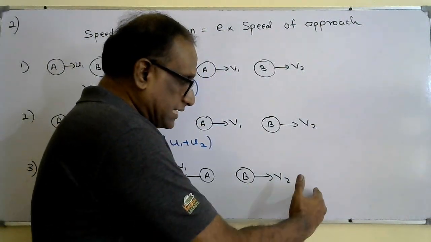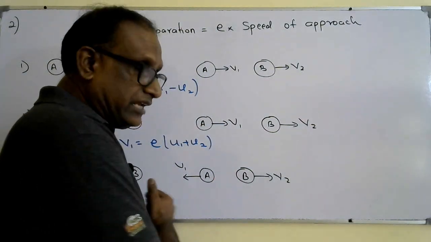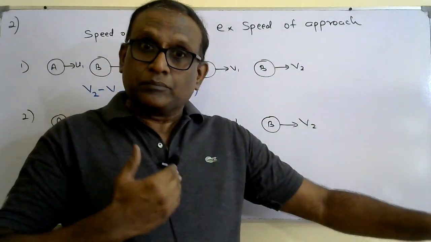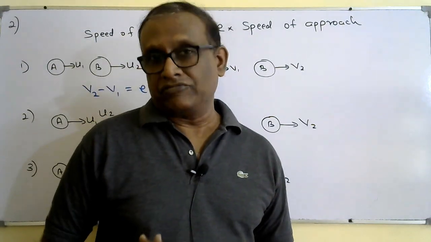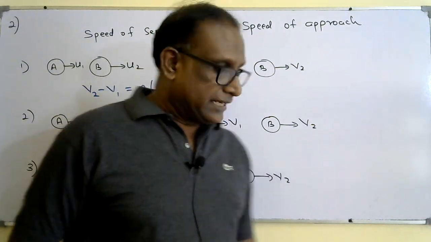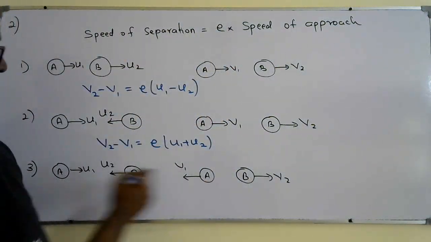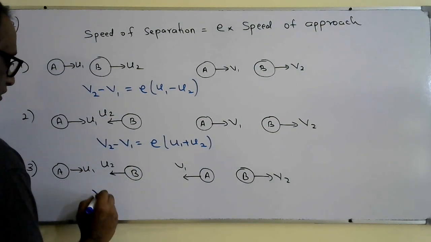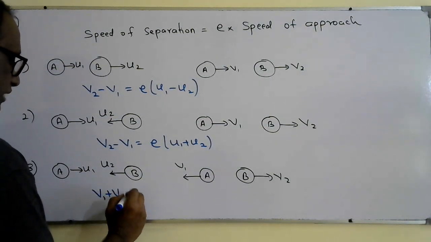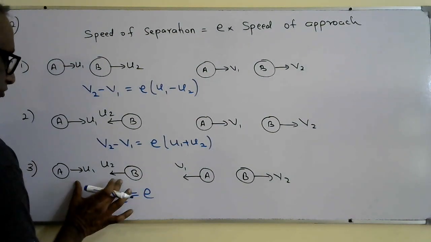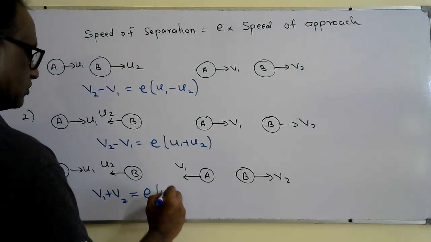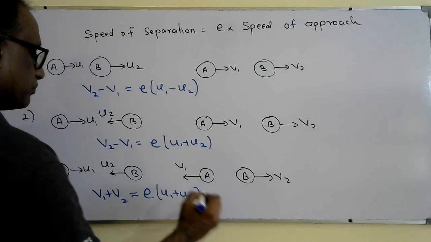This will move a distance v2, this will move a distance v1, so the separation will increase by v1 plus v2 during every second. That is the relative speed. So here we will write v1 plus v2 equal to E into speed of approach, same as this one, E into u1 plus u2.